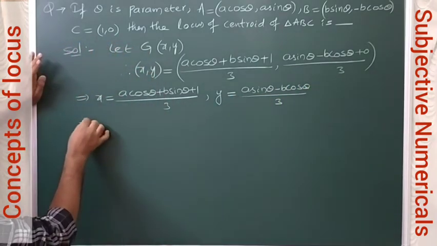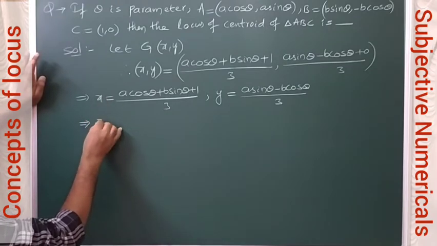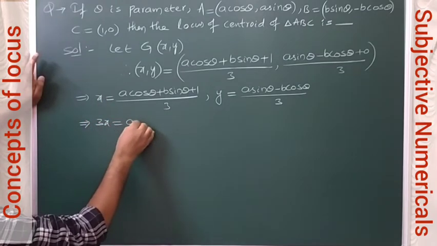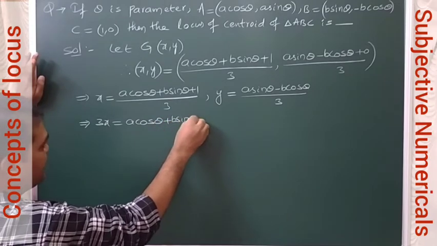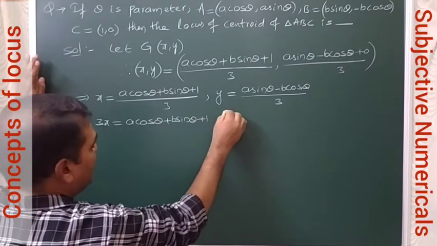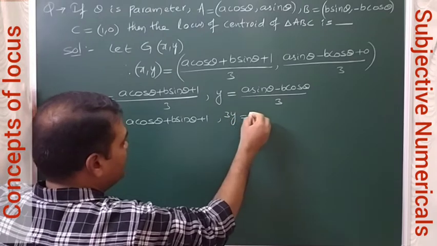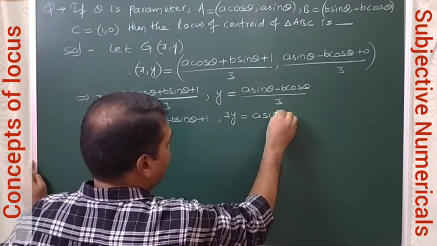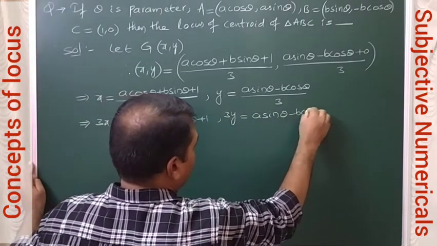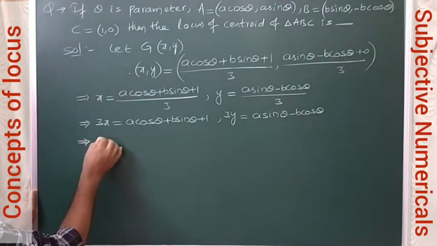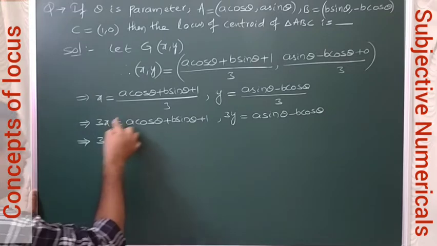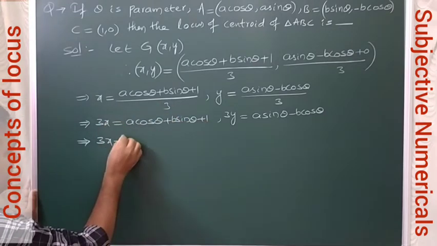Now I am cross multiplying the denominator. So 3x = a cosθ + b sinθ + 1, and 3y = a sinθ − b cosθ. In order to get the equation of the locus, I will take this 1 to the left side first.